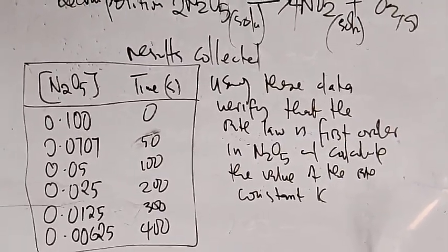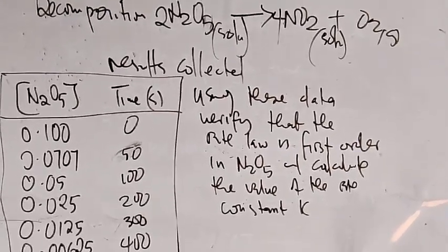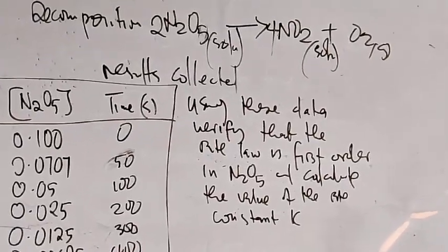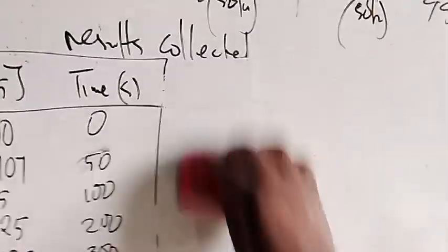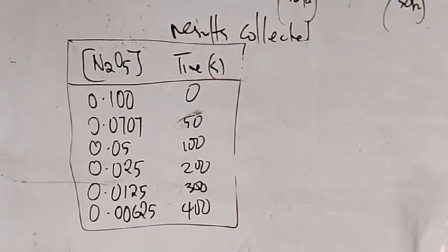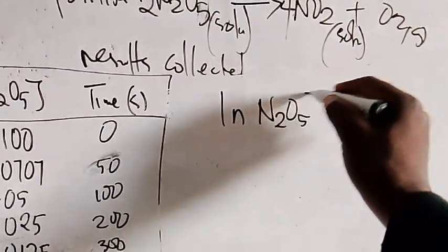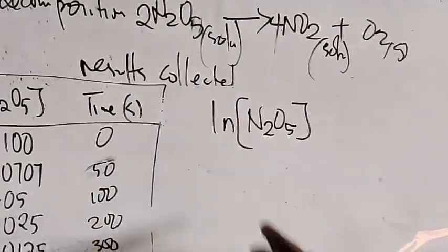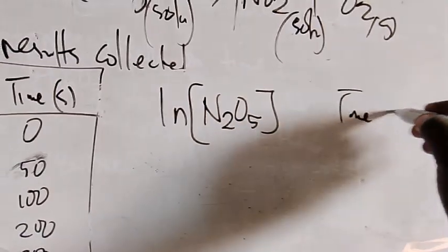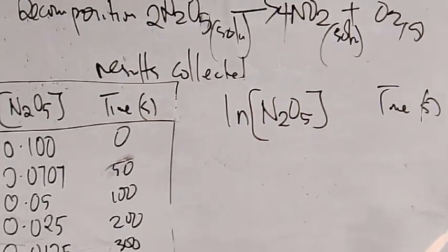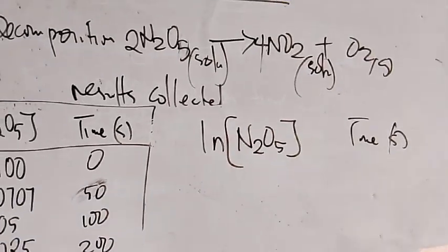So now in order for us to verify whether this data is for a first order reaction in nitrogen pentoxide, we need to have the information on ln concentration. This is time. Okay, so we shall need to plot a graph of ln concentration against time.